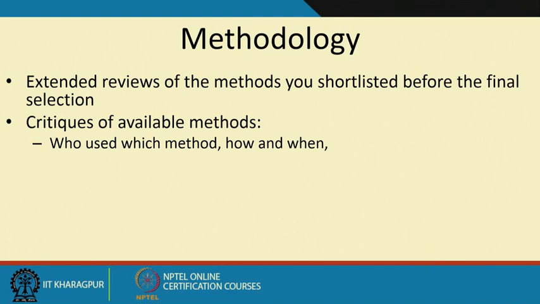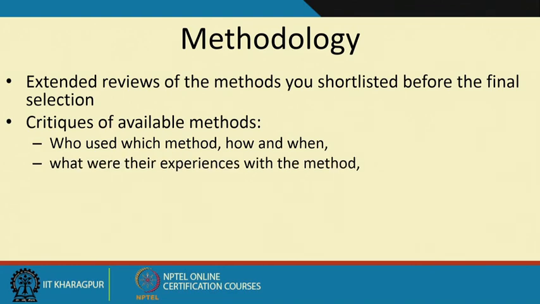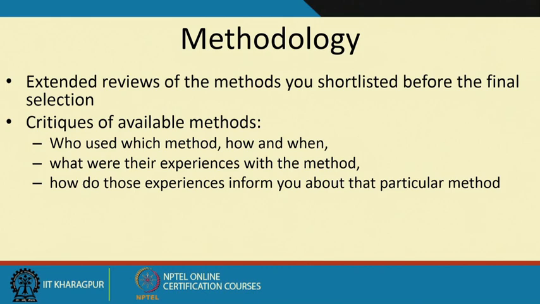What were their experiences with that method, whether they found it useful, whether they ran into some trouble, whether it took longer or shorter than what they had expected, what kinds of conditions the method was applicable in, etc. How do those experiences inform you about that particular method?